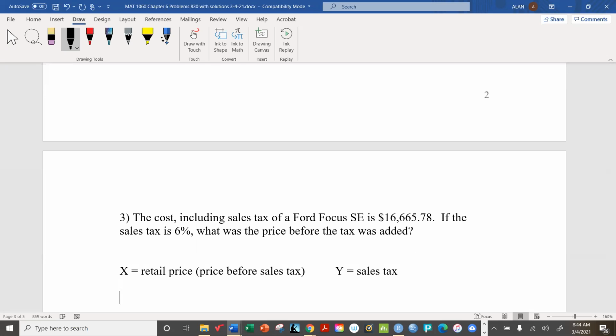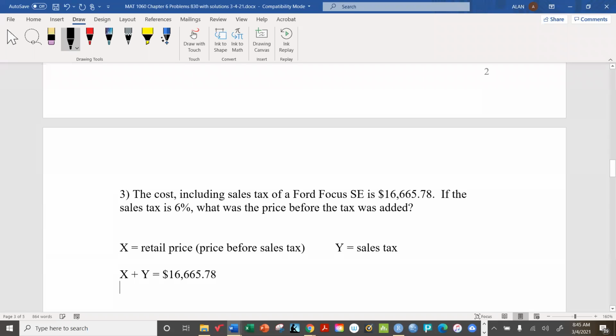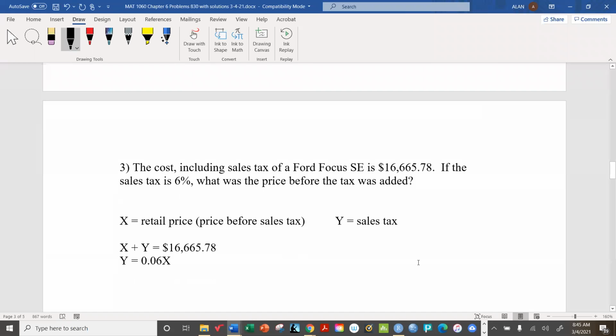So therefore we know that X plus Y equals 16,665.78. And we know that the sales tax is 6% of the retail price. That's the key right there. The retail price is where the 6% is added. If you try to subtract 6% from the final price, you will not get the right answer because it's based on a different number.